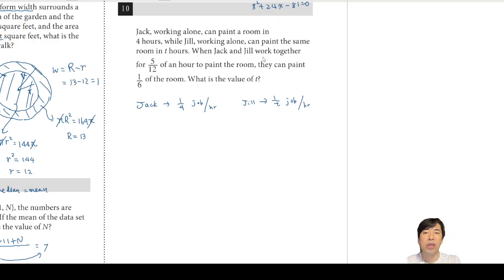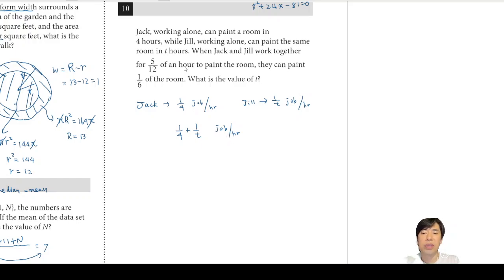When Jack and Jill work together for 5/12 of an hour to paint a room, they can paint 1/6 of the room. What is the value of T? So if they work together, their rate of work is 1 over 4 plus 1 over T. Okay, the unit would be job per hour.